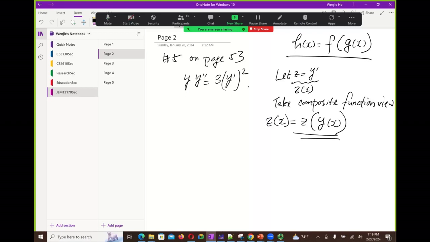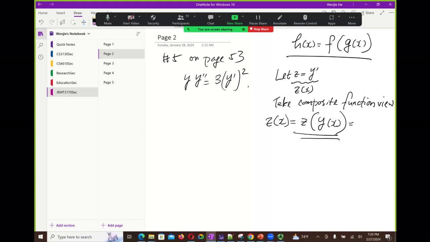That's our composite function view. Inside the parentheses, there is another level, y of x. So we take this composite function view, because this view change helps a lot.